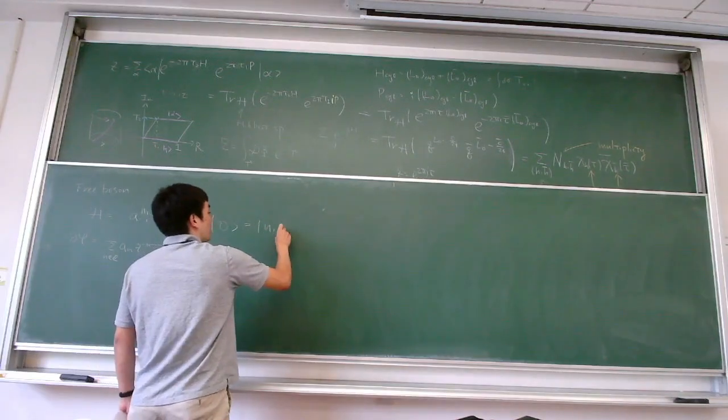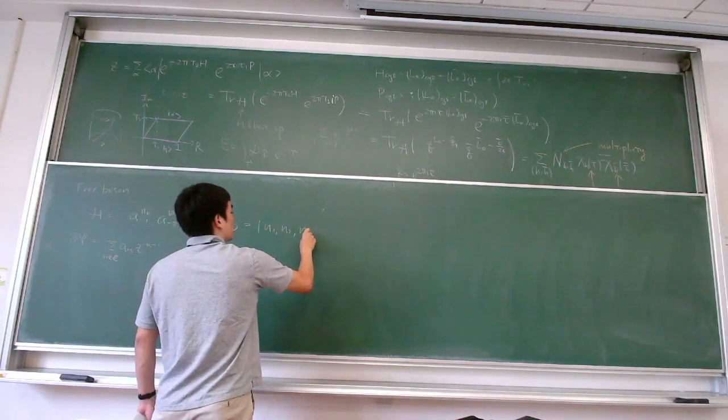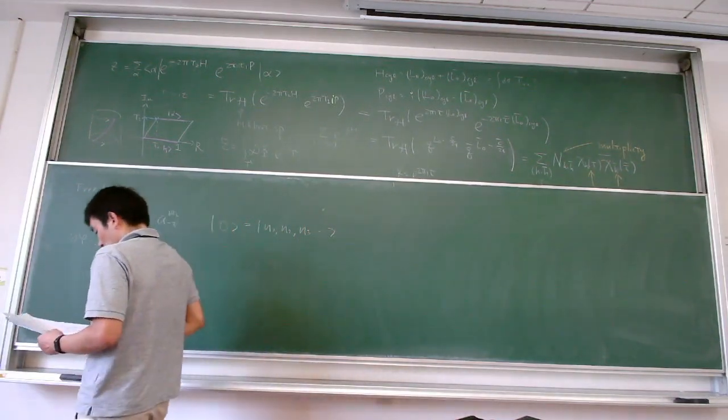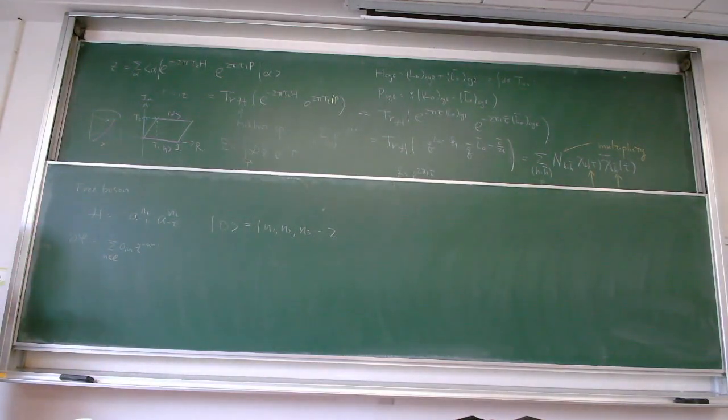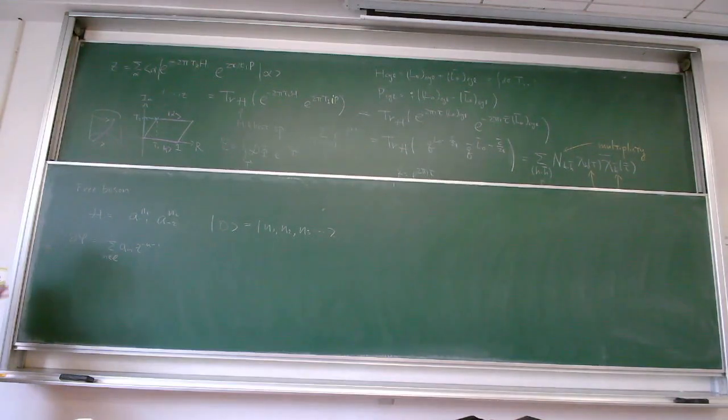I call the occupation numbers N1, N2, N3, and so on. So this is how the Hilbert space is spanned. It's infinite dimensional. You can act with the creation operator any number of times, so that it becomes infinite.